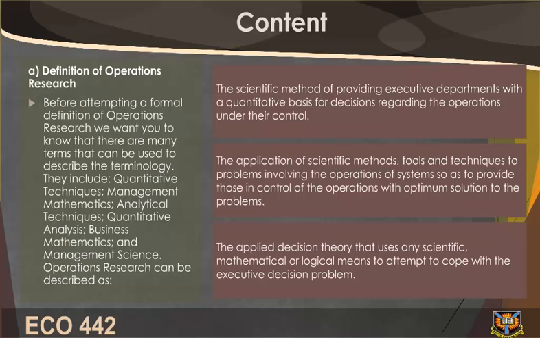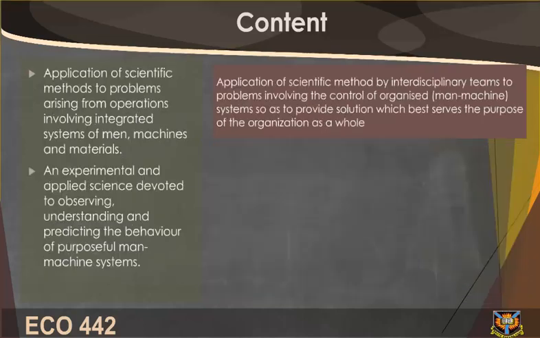It is the application of scientific methods, tools, and techniques to problems involving the operations of systems so as to provide those in control of the operations with optimum solutions to the problems. It is also applied decision theory that uses any scientific, mathematical, or logical means to attempt to cope with the executive decision problem.